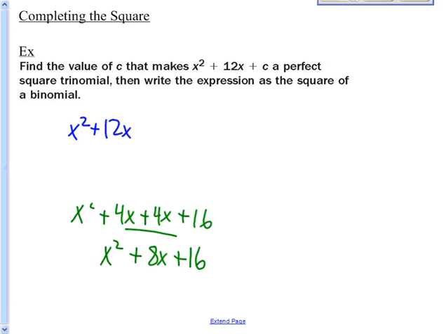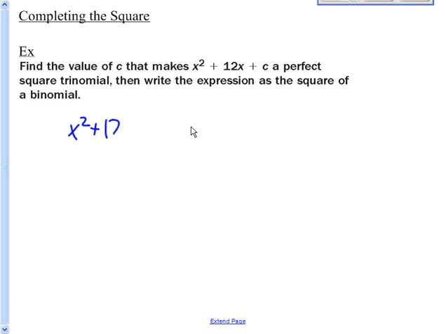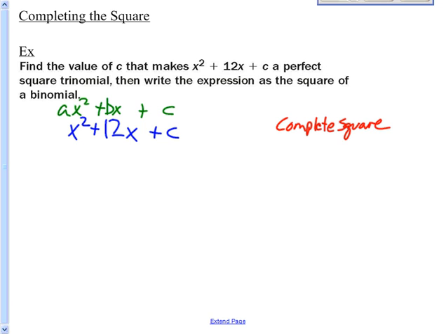So that you can have a perfect square, in other words, two factors that are the same. And so what you do is, let me rewrite this. You take your b term. Okay, so our b is 12. So in completing the square, take your b term, divide it by 2, and square it.